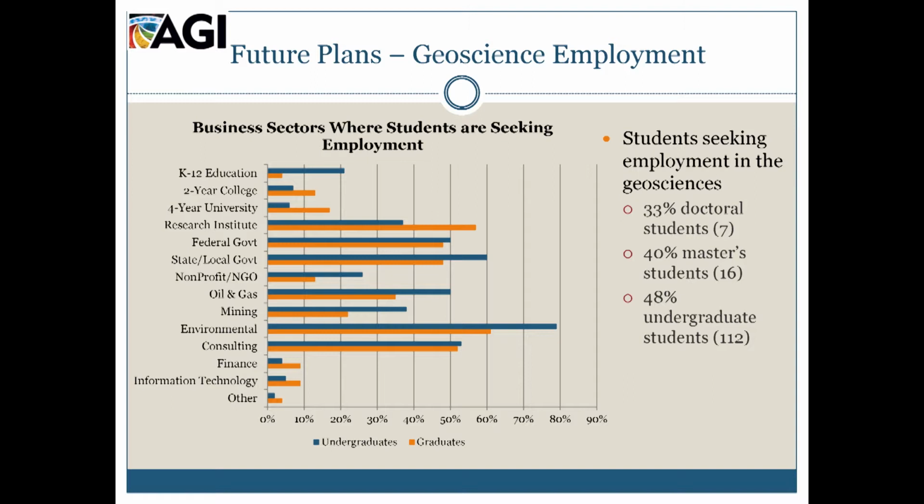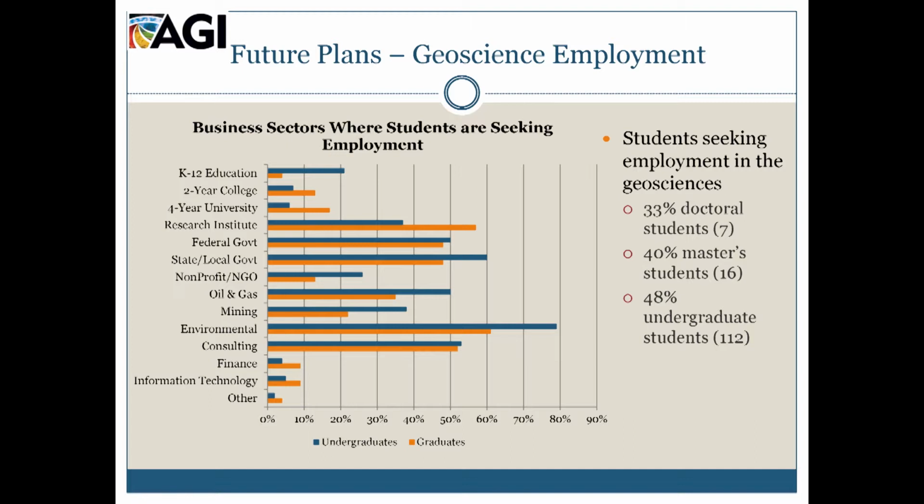We next asked about their plans for pursuing a position within the geoscience career world. And so these are the students that were seeking employment in the geosciences but have not yet accepted a position. And so all the percentages are based on the number of students that are seeking employment here in the business sector's graph.